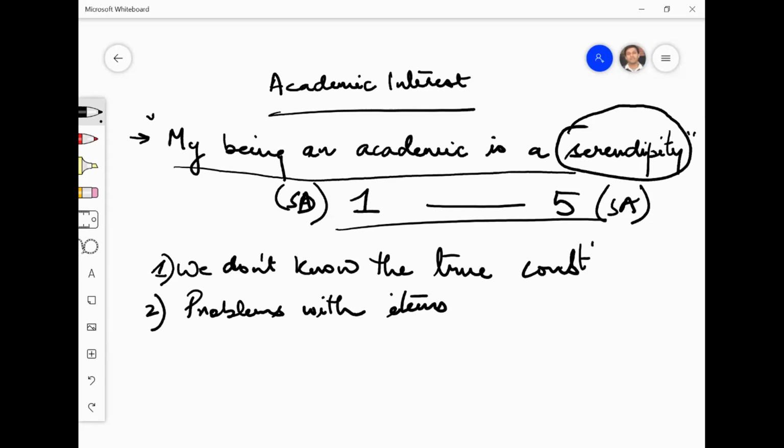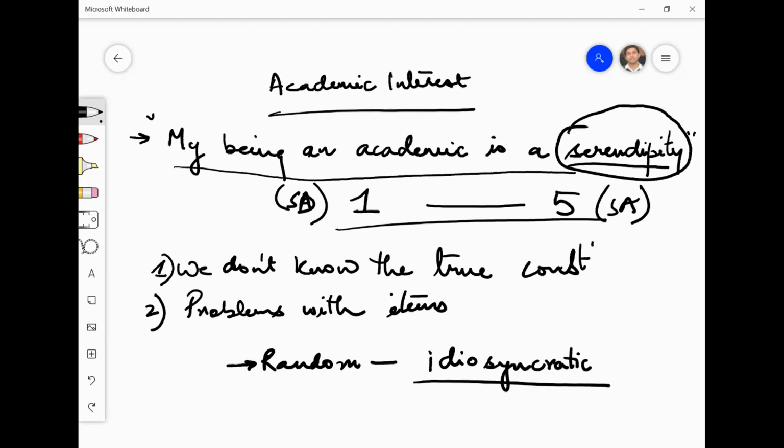People who understand what serendipity is will respond to the item in a particular manner. People who don't know what it is will make a guess and respond. So there will be randomness, and this kind of error is called an idiosyncratic random error, because it is idiosyncratically distributed as per your English proficiency.